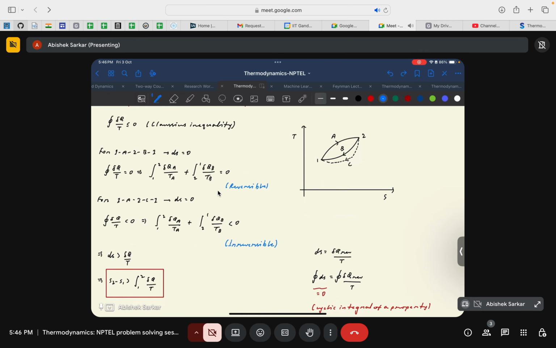Since the process is irreversible, this should be less than 0 from the Clausius inequality.